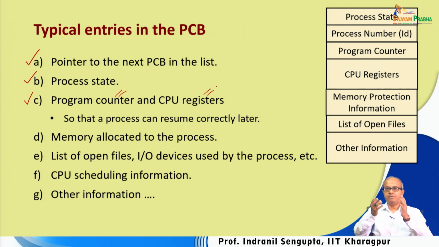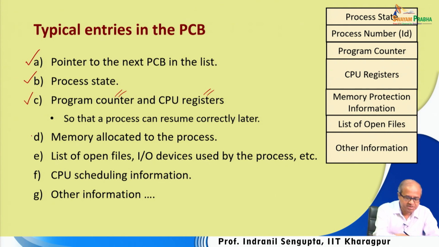And as you all know, a process in execution is allocated some space in memory. So, the OS must also keep track of which part of the memory is currently allocated to a process. Okay.